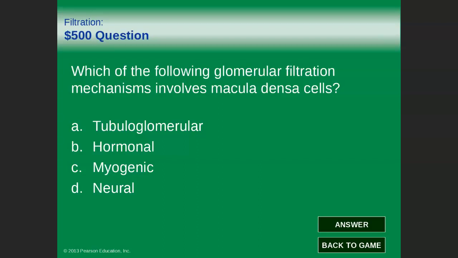Which of the following glomerular filtration mechanisms involves the macula densa cells? Glomerular, hormonal, myogenic is a constriction. Myogenic is when your diameter of vessel changes, like in vasoconstriction with increased blood pressure.